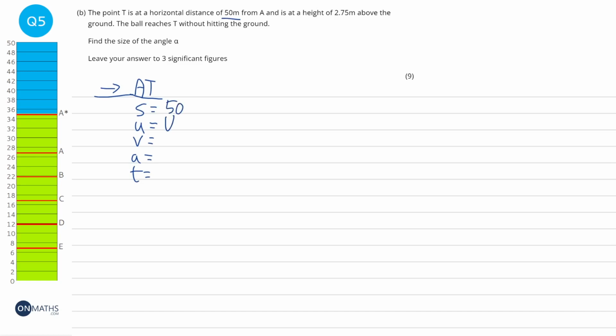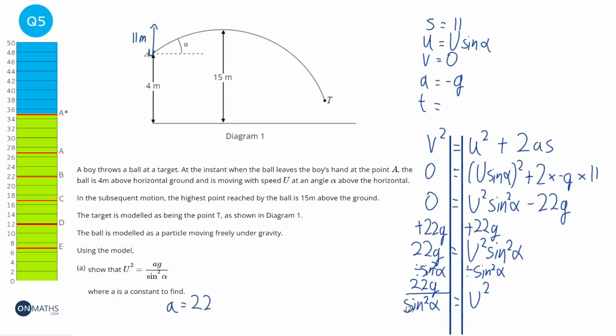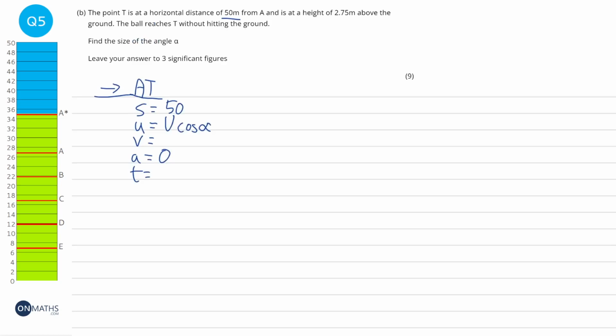U we're already told is U, and this time it's cos alpha because it's the horizontal component. V we're not interested in, but acceleration we know is 0 because it's moving freely. It's a particle moving freely, so we're not looking at air resistance or anything like that. And T is what we're trying to find. So the formula linking those is S equals ut plus half at squared.